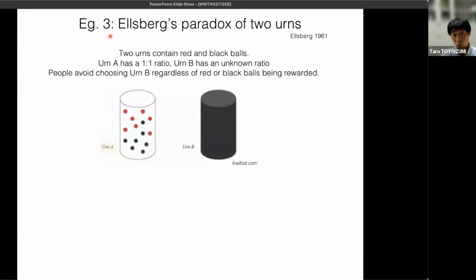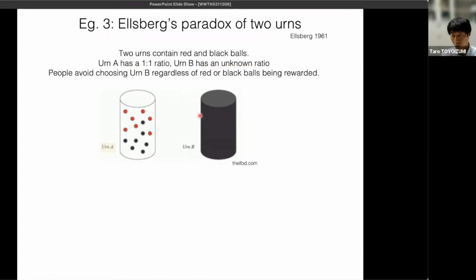The third example is the Ellsberg paradox of two urns. So there are two urns, and two urns contain red and black balls. Urn A has a known composition of 1-to-1 ratio, like this. And urn B has an unknown ratio.